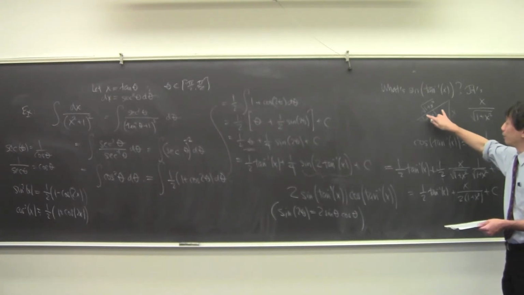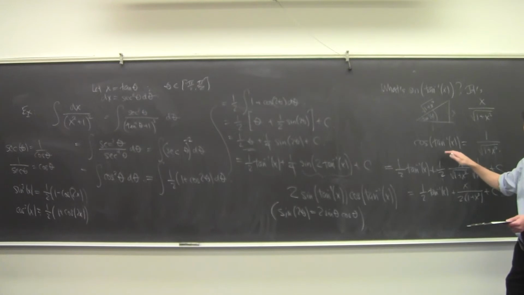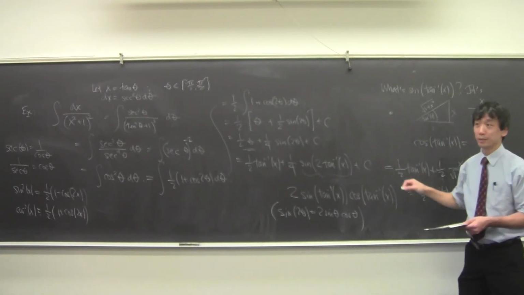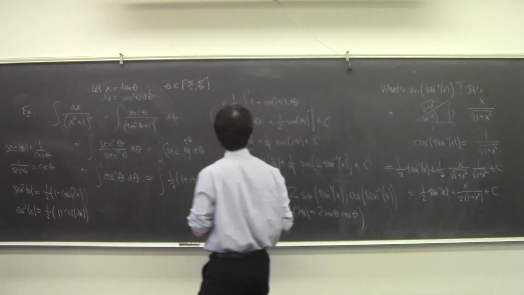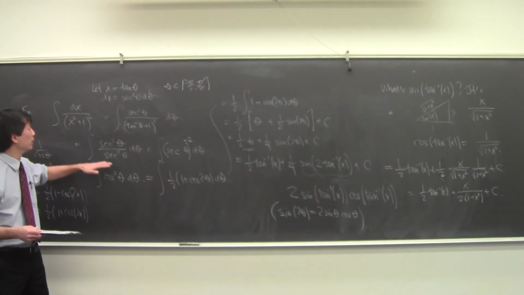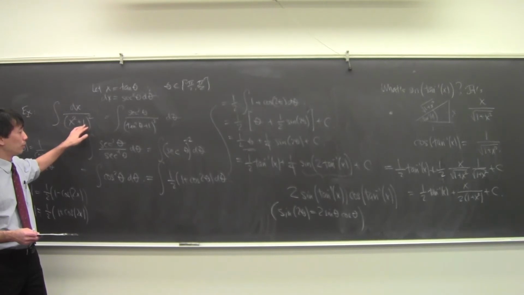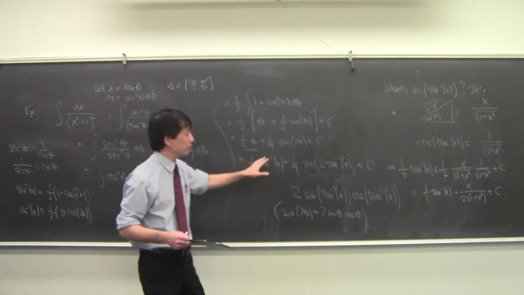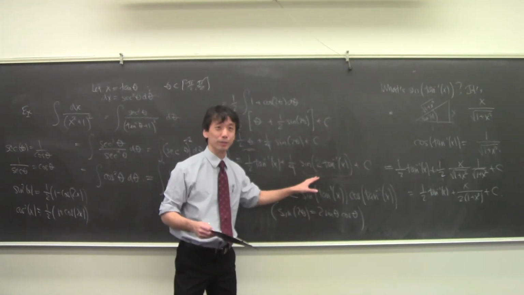And from there you can figure out the cosine, whatever. So this is useful. There are two parts to this: first doing the substitution, and then reversing the substitution, getting back to your original variable.